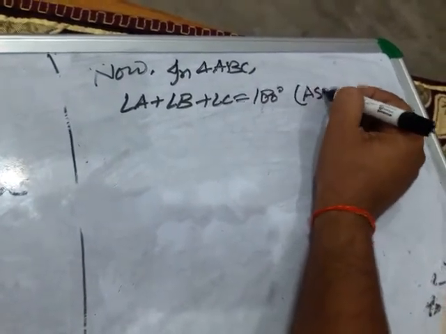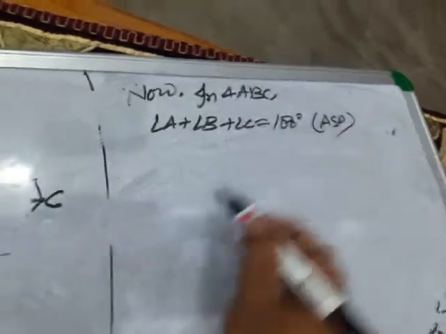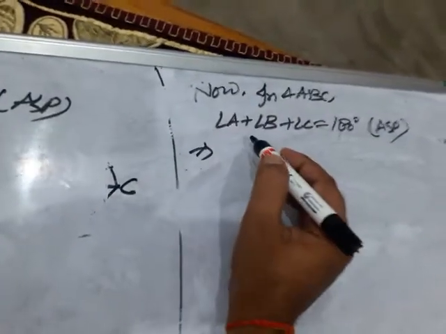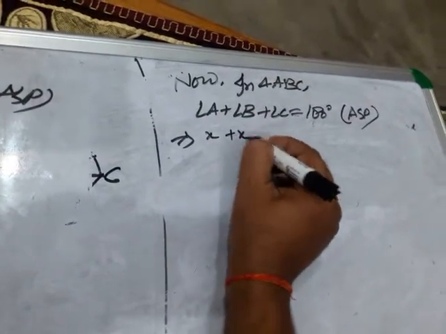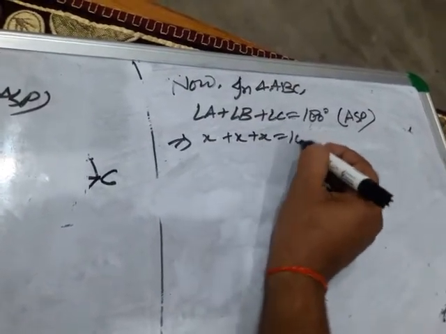Because we know that this is a property of a triangle. This implies, what is the value of angle A? We have supposed it to be x, so x plus x plus x equals 180 degrees.